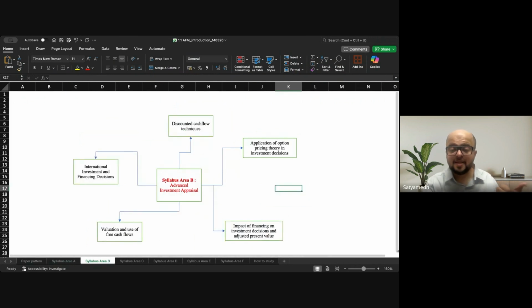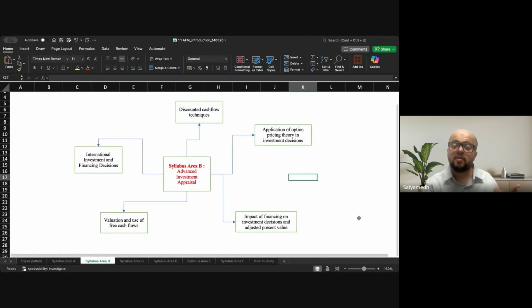Syllabus area B is advanced investment appraisal, where we will cover the basics of investment appraisal that were covered in skill level, and then we'll cover concepts of adjusted present value, concept of real options, value at risk, and other aspects of risk when it comes to investment appraisal specifically.